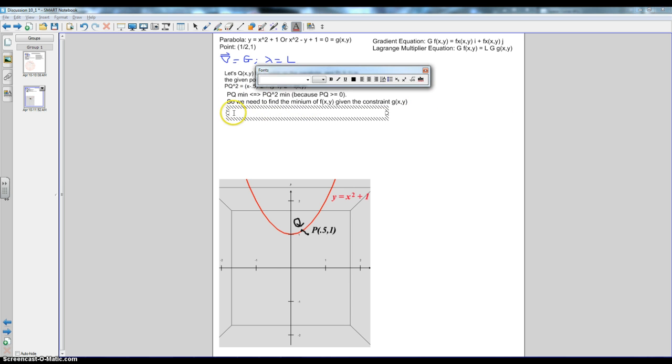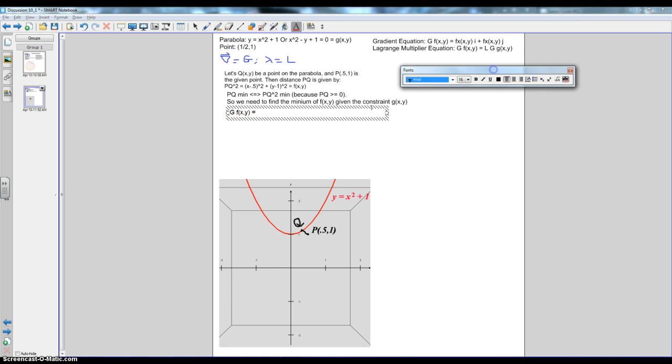First thing, we need to find the gradient of f(x, y). The gradient of f equal (2x minus 0.5) i plus 2 times (y minus 1) j, equal (2x minus 1) i plus (2y minus 2) j.